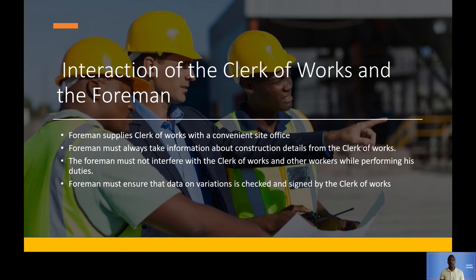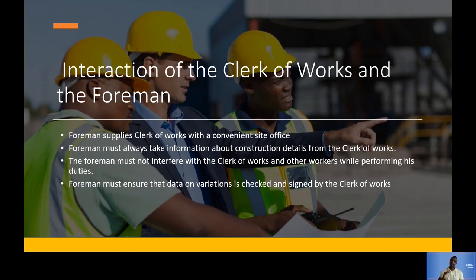The foreman must always take information about construction detail from the clerk of works. So the foreman gets it, like I said, by the hierarchy. So the information flows like that as well. The architect tells information to the clerk of works, and the clerk of works tells information to the foreman.